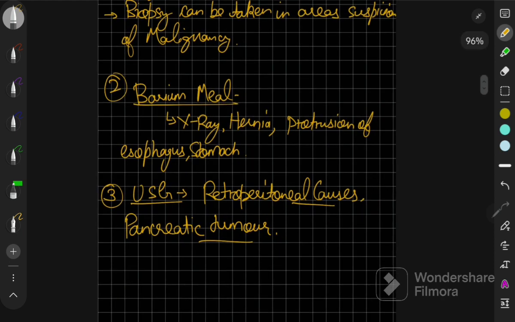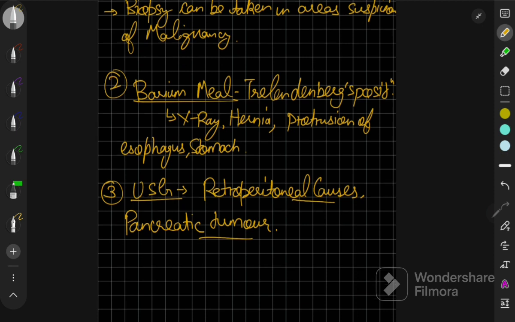I forgot to tell you that we do this procedure in Trendelenburg position. In this, the patient is lying supine.